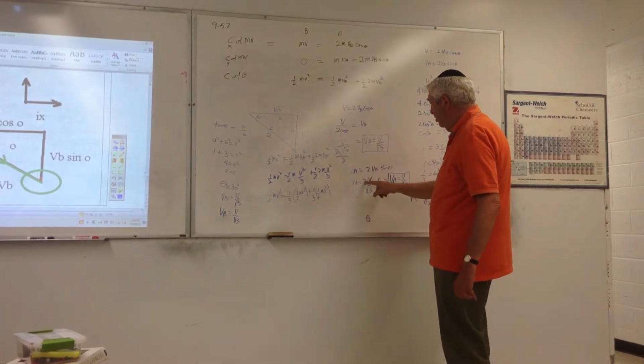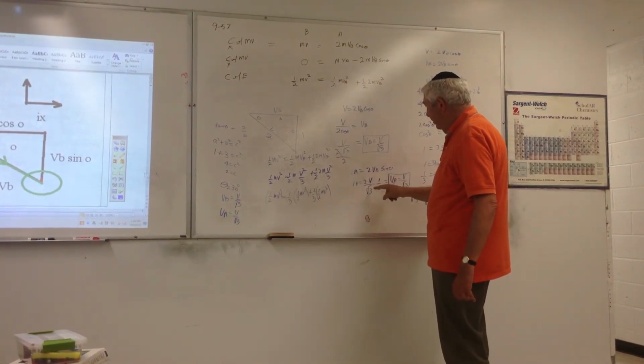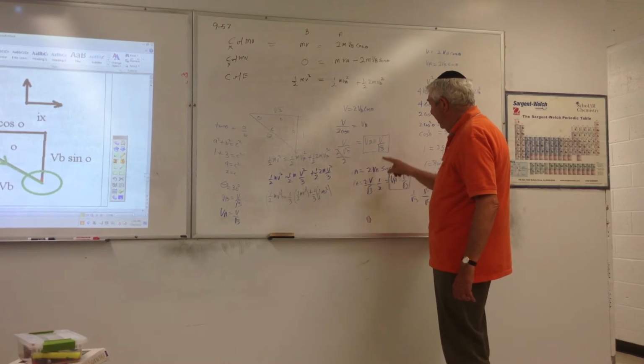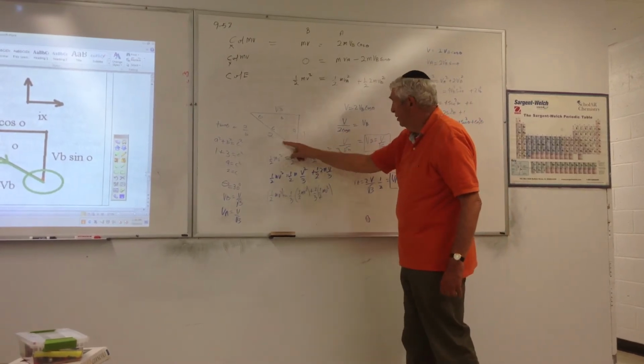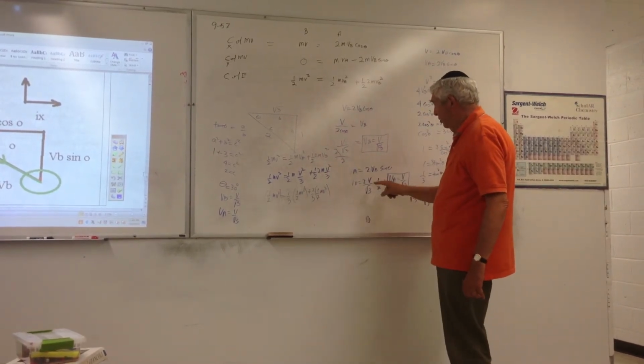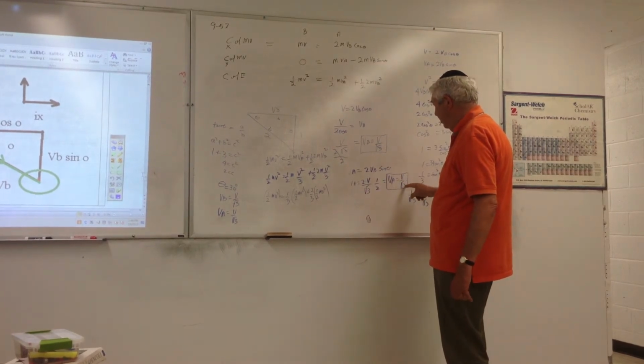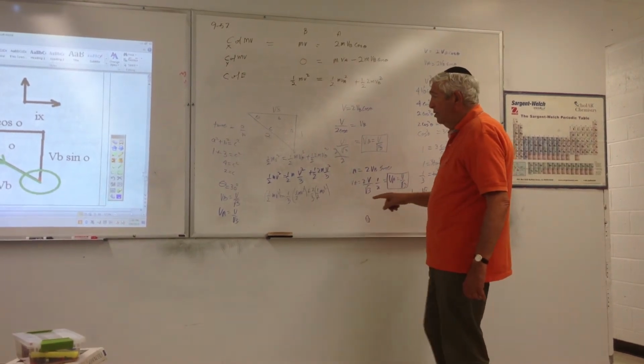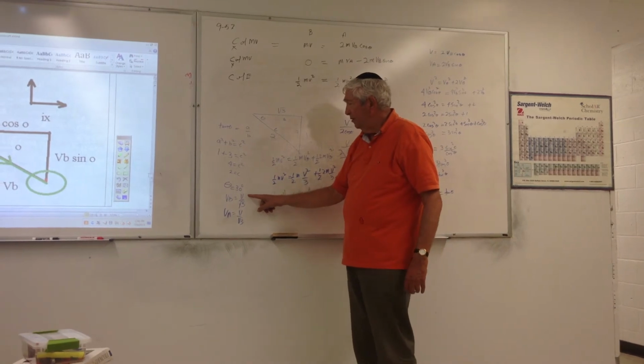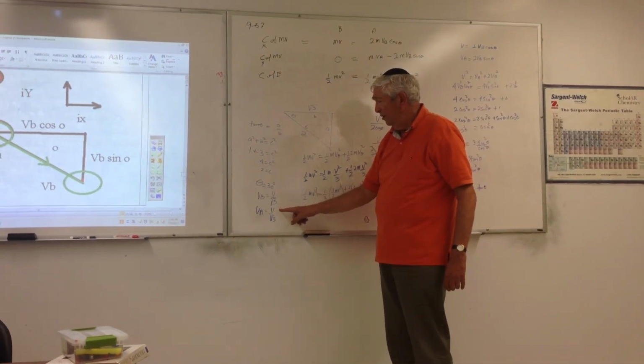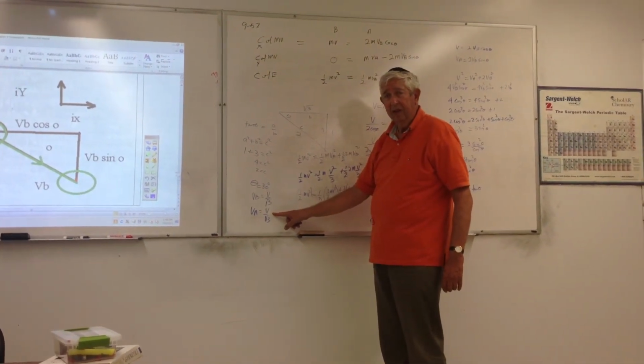So va is 2 times v over the square root of 3 times the sine of theta, which is 1 over 2. The 2's go out. So va is v over the square root of 3. So theta is 30 degrees, vb is v over the square root of 3, and va is v over the square root of 3.